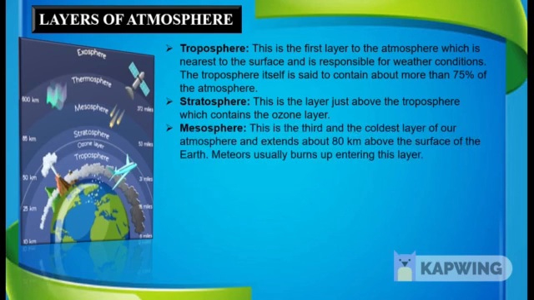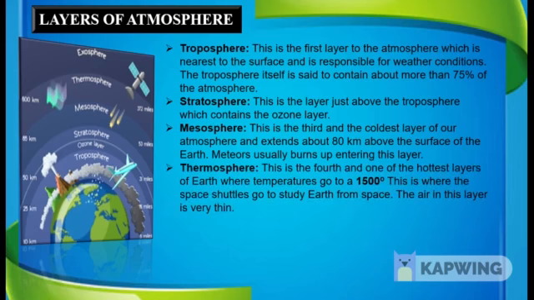The third layer is the mesosphere. This is the third and the coldest layer of our atmosphere and extends about 80 km above the surface of the earth. Meteors usually burn up entering this layer. Now the fourth layer is the thermosphere.